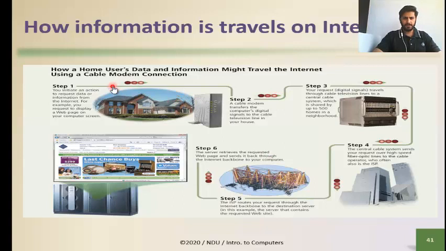Again, here is an example of how information travels on the internet. You as a normal user are producing digital signals at your home, and these digital signals are communicating with your home modem, and the modem is converting the digital signals into an analog signal. That analog signal moves towards the nearest DP, and then the DP connects with the nearest exchange, and the exchange connects with the internet.